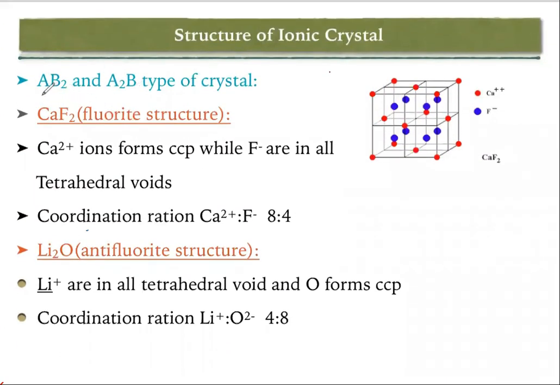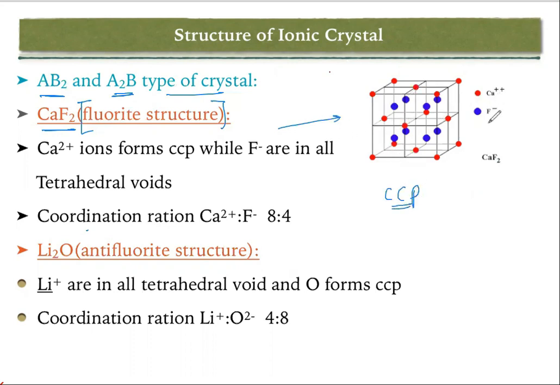Now in the next lecture we'll discuss AB2 and A2B type crystals. First we'll discuss the AB2 type. CaF2, calcium fluoride, has a structure known as the fluorite structure. Look at this picture very carefully. This is the CCP arrangement.